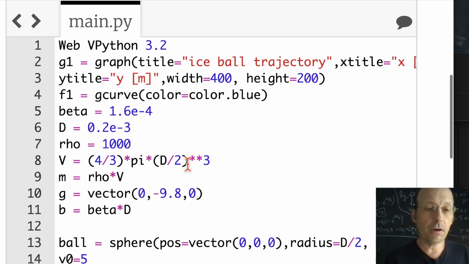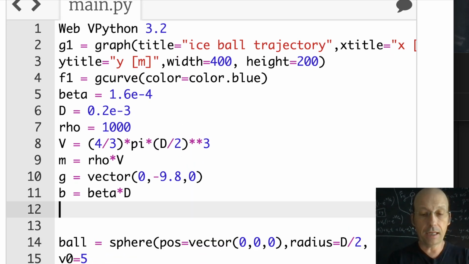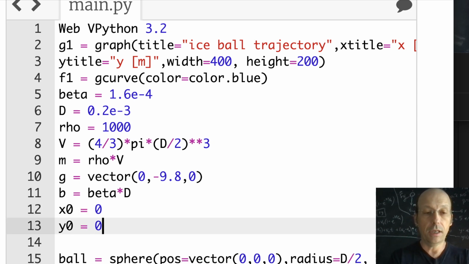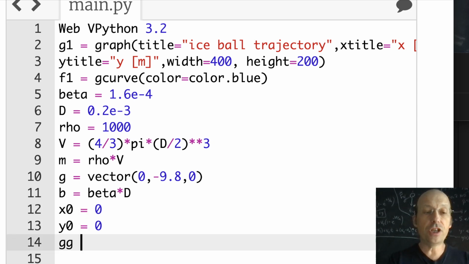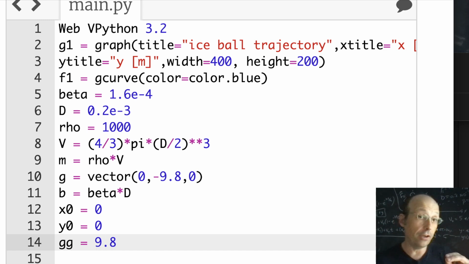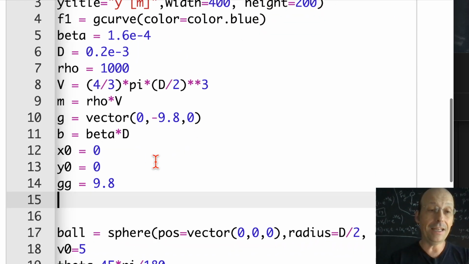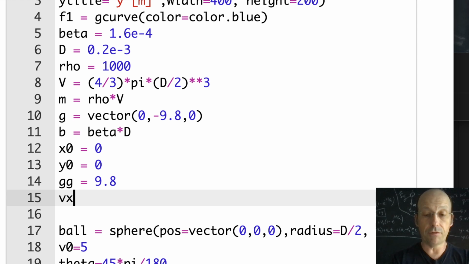So let's go up here and give it an x0 equals 0, y0 equals 0, gg is going to be 9.8. Because I need to use g as a scalar value, and I don't want to have to take the magnitude of that vector, so let's call it a new variable gg. And then finally, I need vx0 is going to be v0 times cosine theta, just like the other one.